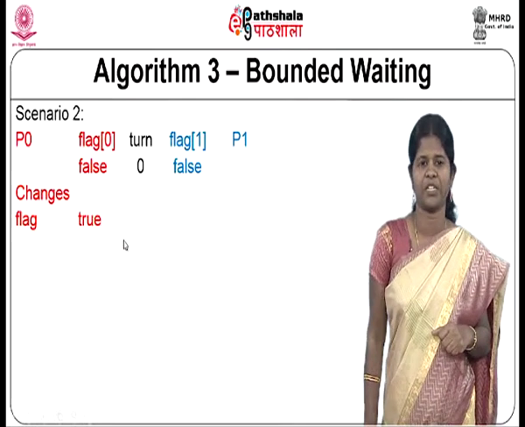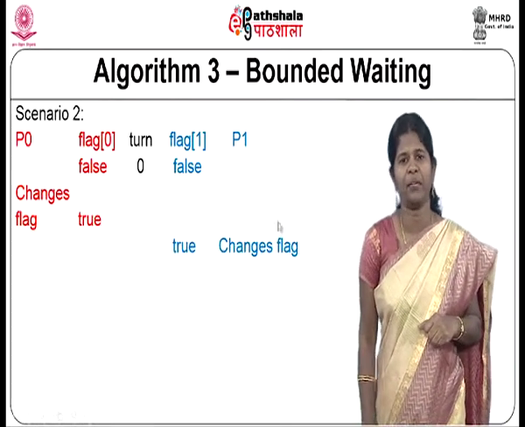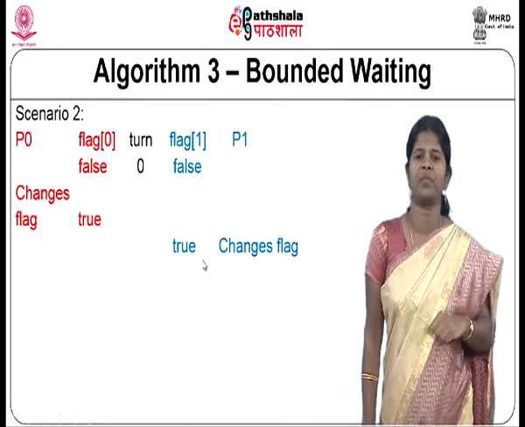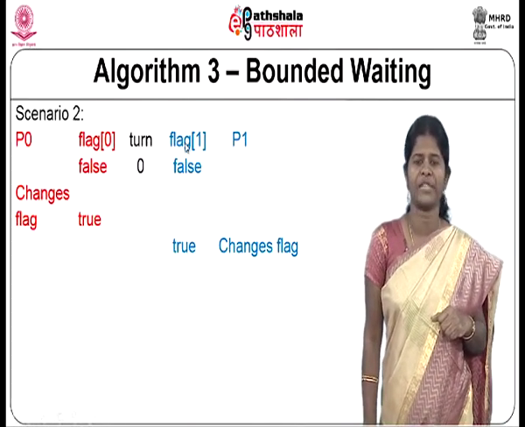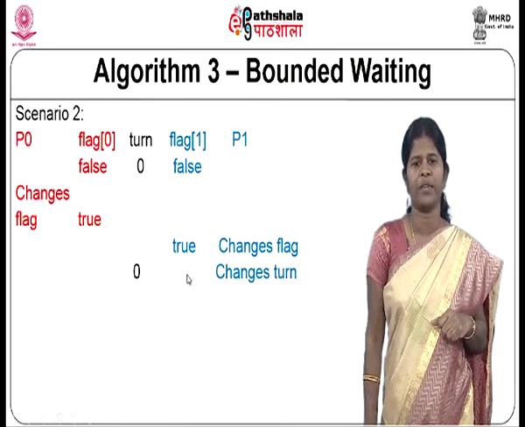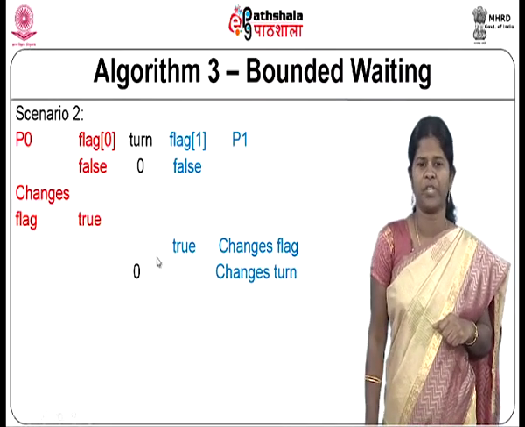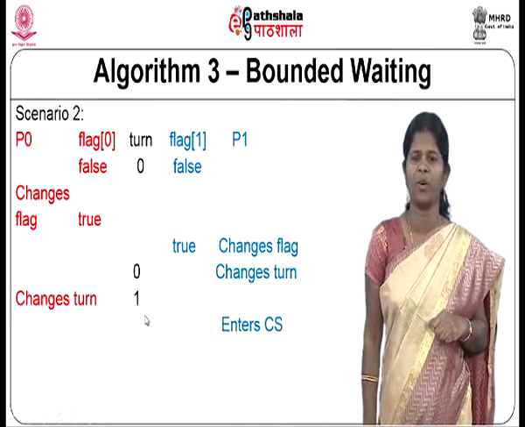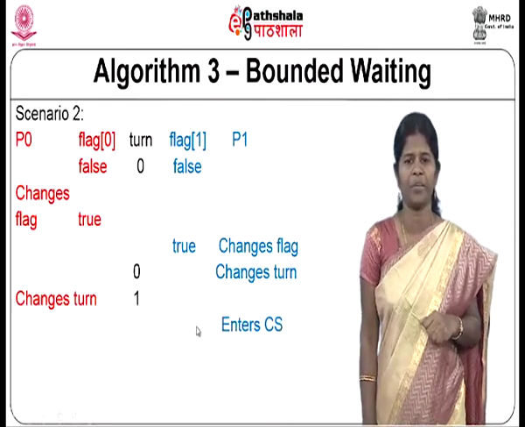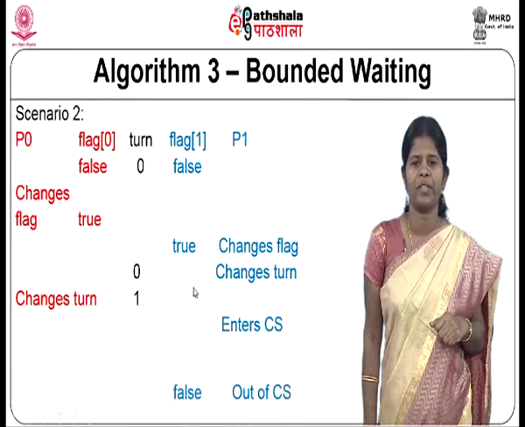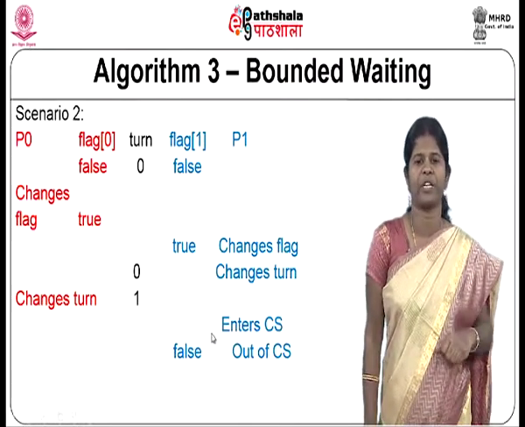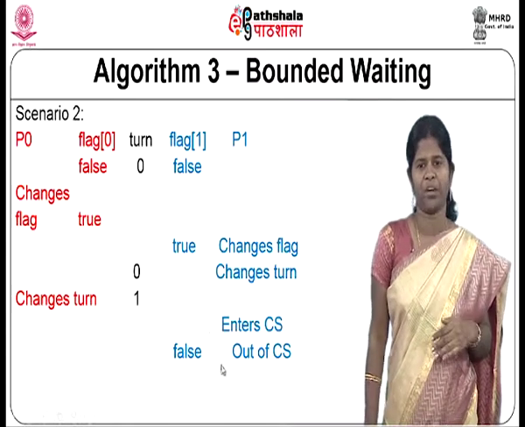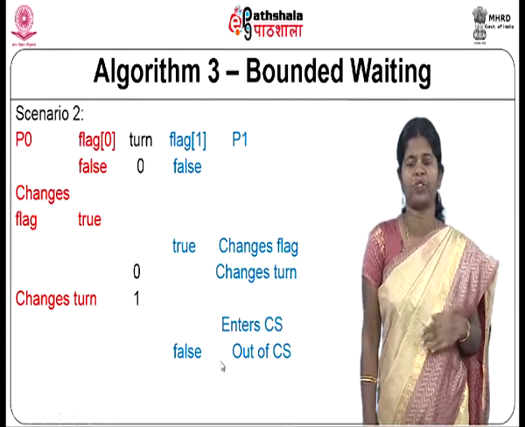Flag of 0 is set to true and say process P1 also wants to enter critical section, it changes its value of flag, that is flag of 1 is set to true and this changes turn to 0 and this changes turn to 1. So, who will enter critical section? Automatically P1 will enter critical section. Say P1 enters critical section and after coming out of critical section makes the value of flag to false.